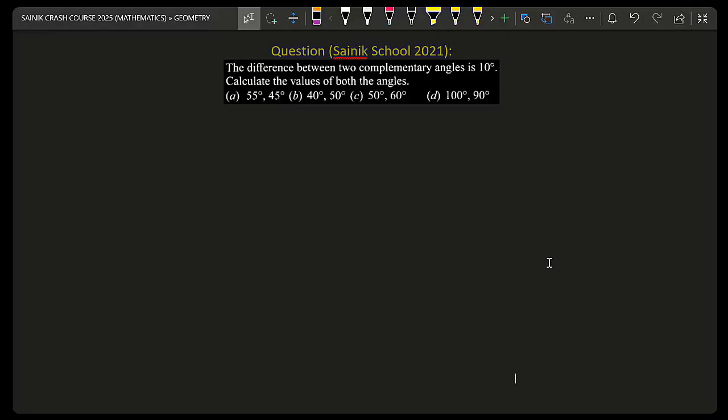How to solve this? Sir, complementary angles sum 90. Okay, sum 90. Sir, there is only one option, sum 90, and difference is 10. So you are going by the help of options, right?